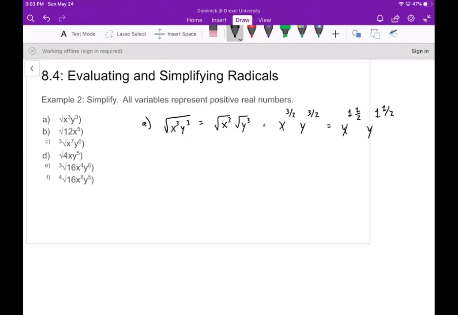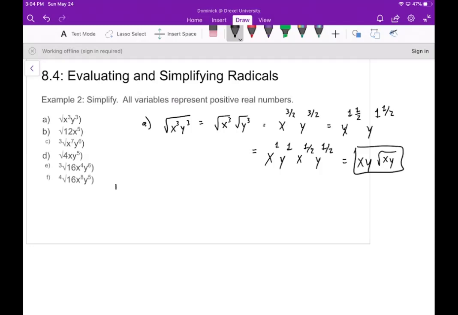So now, if I separate this, sort of in slow motion, I have an x to the first times a y to the first, and then I have an x to the 1/2 times a y to the 1/2, right? And again, you could always just multiply them back together and you get 1.5 for both. So I'm allowed to do that. But anything to the first power is just itself, and anything that's a 1/2 power is inside a square root. So we can simplify this one like this.